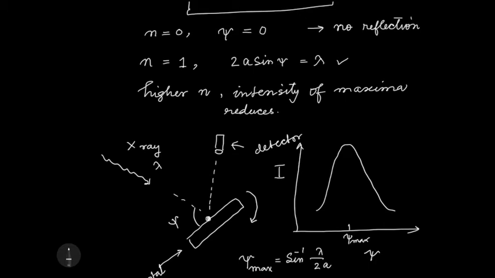And so what I can do, I don't know what is lambda of the X-ray. So I have this detector, an X-ray detector obviously. The X-ray is reflecting off this crystal, and I rotate this crystal, change psi, and measure the intensity at different positions of psi. That gives me this curve, and then I figure out at which psi I get the maximum intensity.